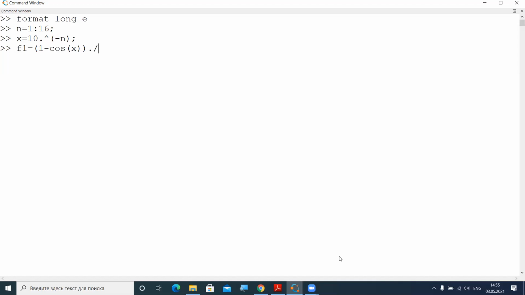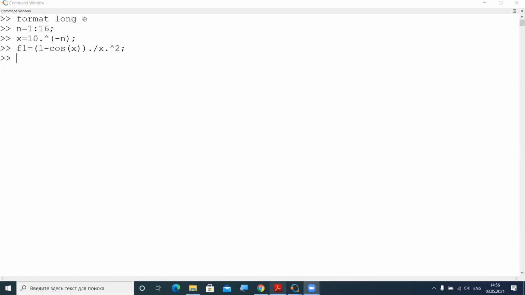So here point division, because they are now vectors. We have 16 values of this vector. And for each corresponding value, we will find the value of f1. So x here also point power 2.